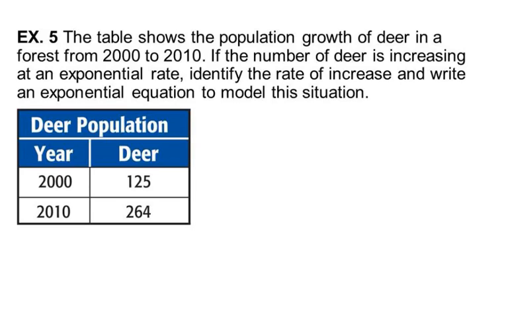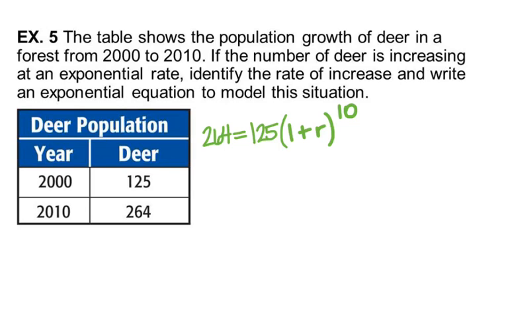So, since in 2010 the population had gone up to 264, we're going to start with 264. In 2000, the population was 125. So 125 is our initial value times 1 plus r, our rate, and the time that we're talking about here is 10 years.